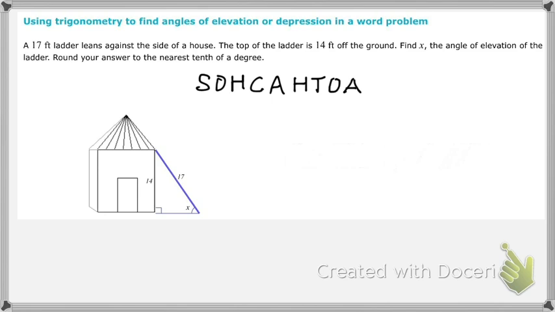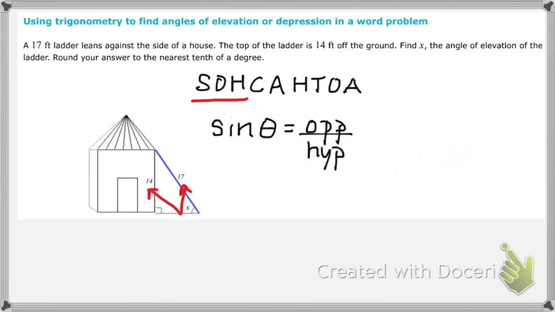Looking at the picture, I can see I've got the opposite side and I've got the hypotenuse. And within our right triangle trigonometry, the opposite and the hypotenuse is associated with sine. So setting up the formula for sine, the sine of an angle is equal to opposite over hypotenuse.